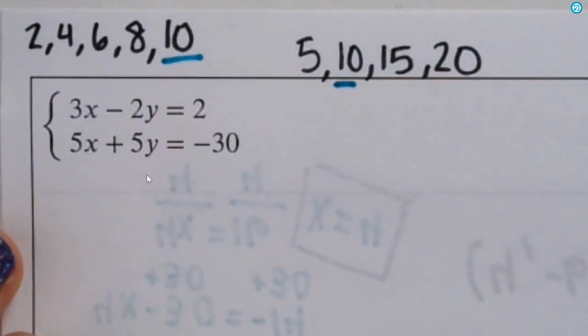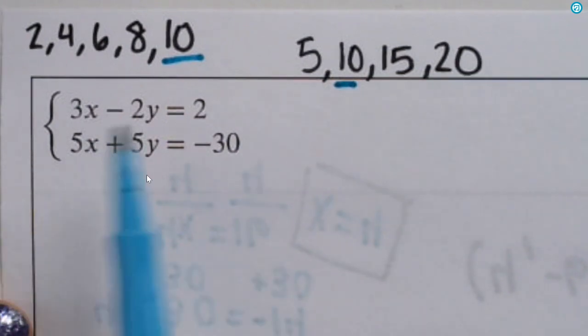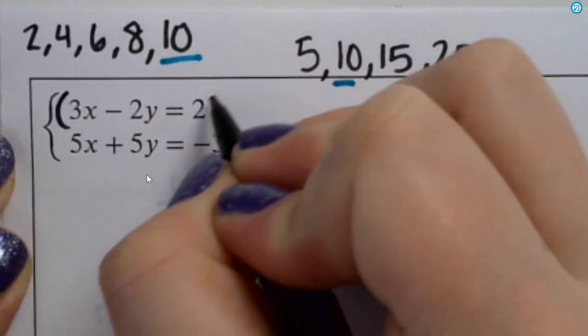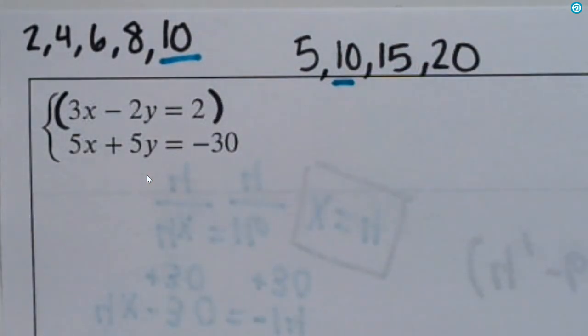So I want to turn my y's into negative 10y and positive 10y. So I'm going to leave the top one negative since it's already negative. So in order to turn negative 2 into negative 10, what would I need to multiply by? Negative 2 times what is negative 10? 5.